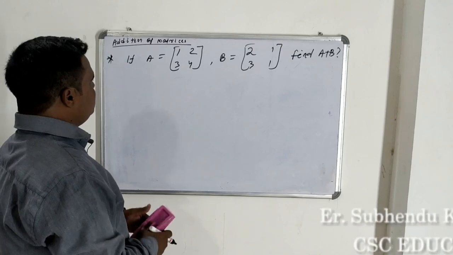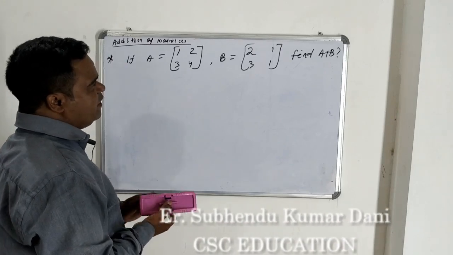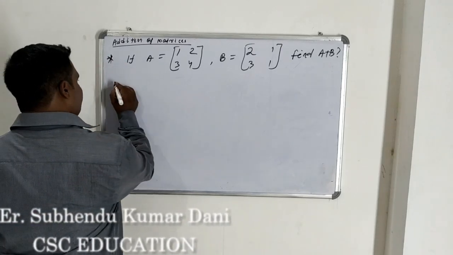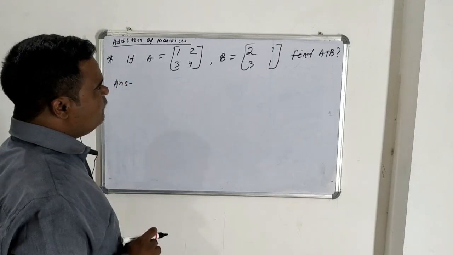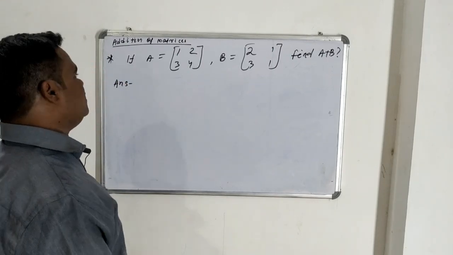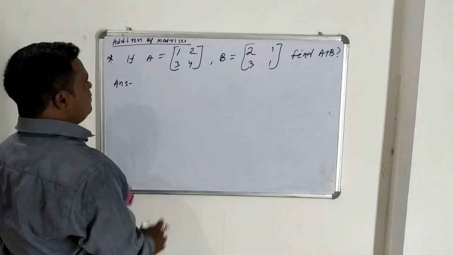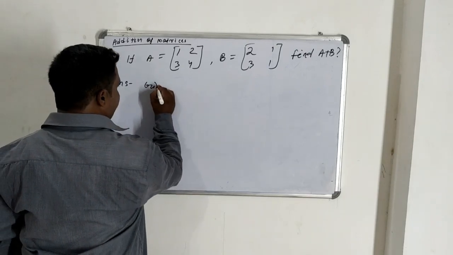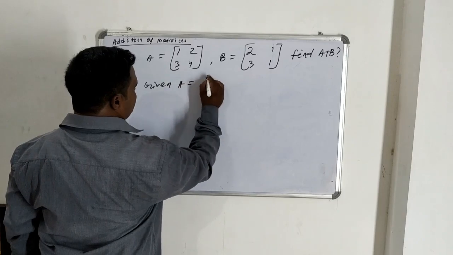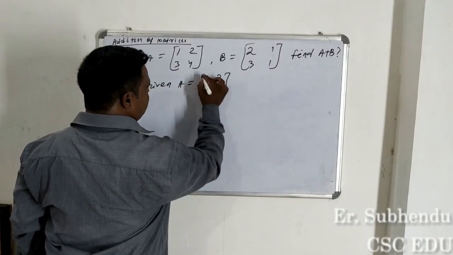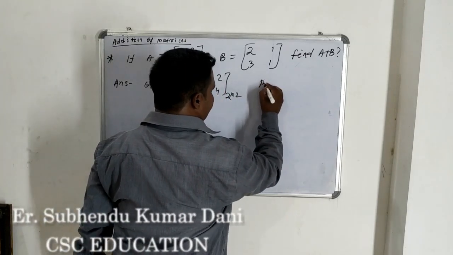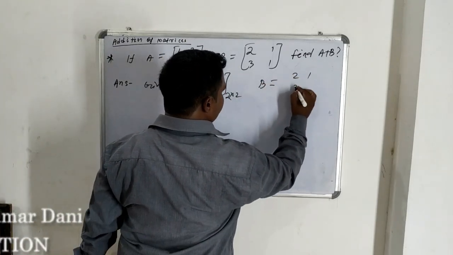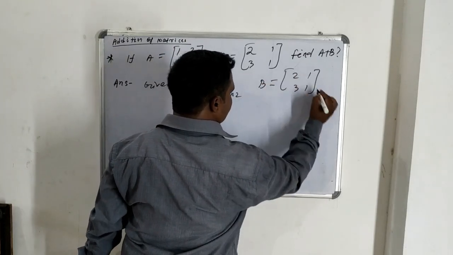First of all, check whether the order of the given matrices is the same or not. A is a given matrix, A equals 1 2 3 4, which is of order 2 by 2. B is a matrix, 2 1 3 1, of order 2 by 2.